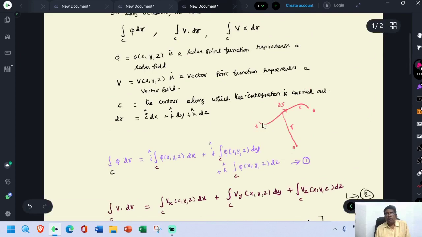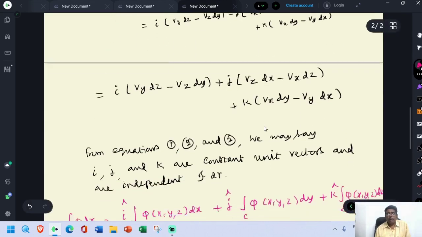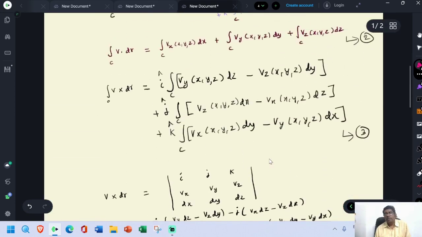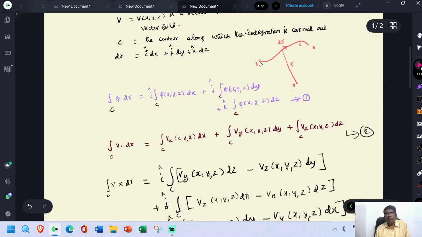Integral dr with contour C is equal to motion of a particle from the point A to point B on the curve C.